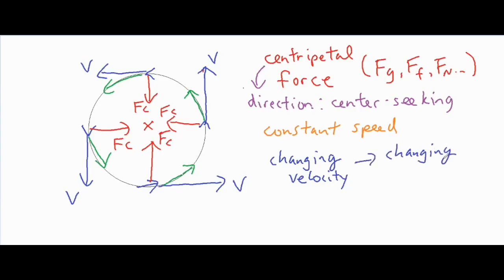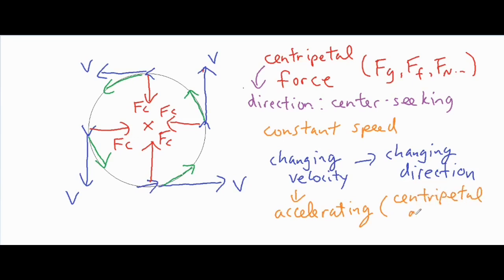And in this case, it is because you are changing direction. So when something is constantly changing direction, then it's considered to be in accelerated motion. Because it has changing velocity, it is accelerating and has something called a centripetal acceleration.